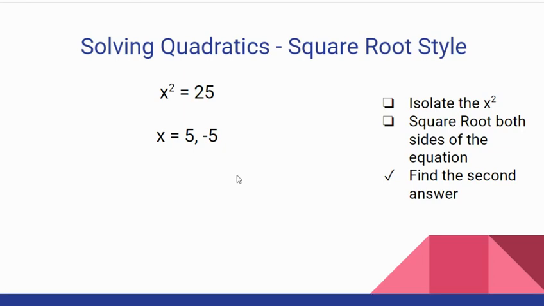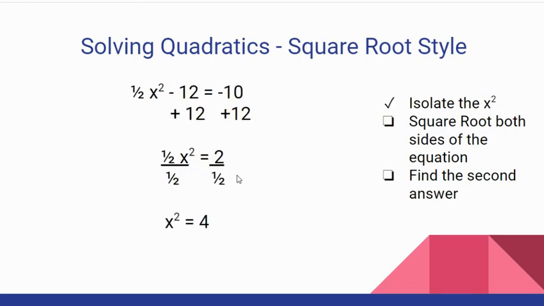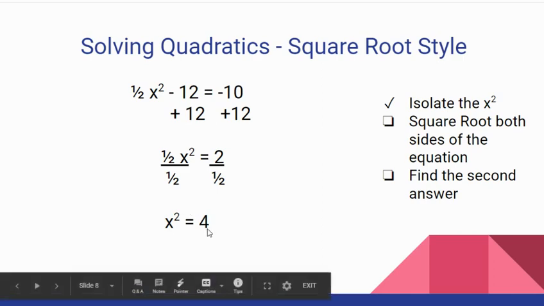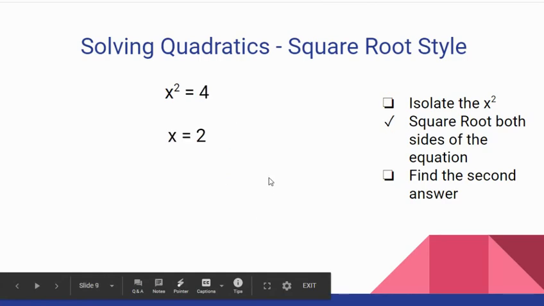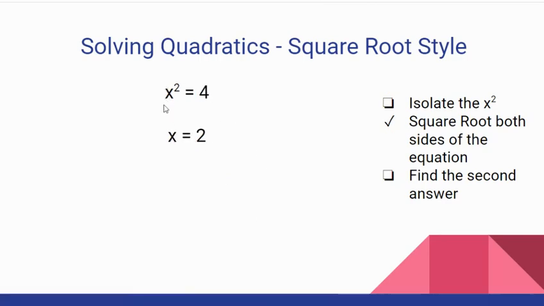Let's look at one more example. I'm going to start this example by solving for the x squared just like I would a linear. I added 12 to both sides and then divided both sides by 1/2. I came up with x squared equal to 4. My second step then is to square root both sides.